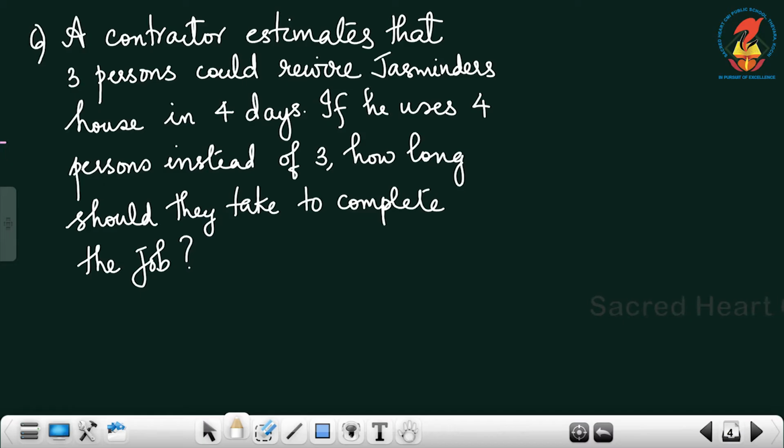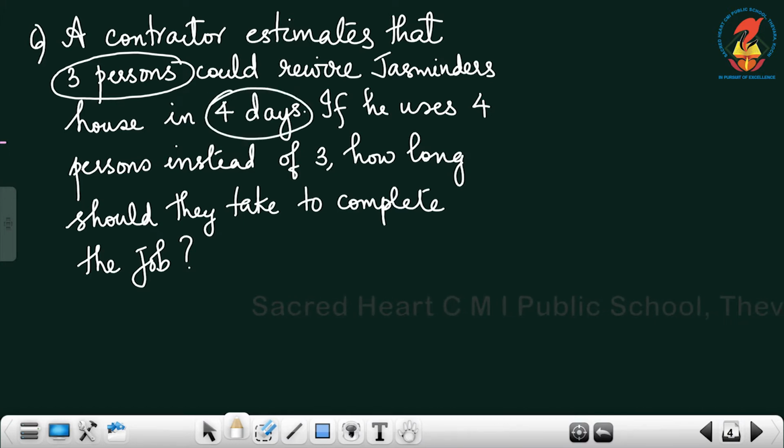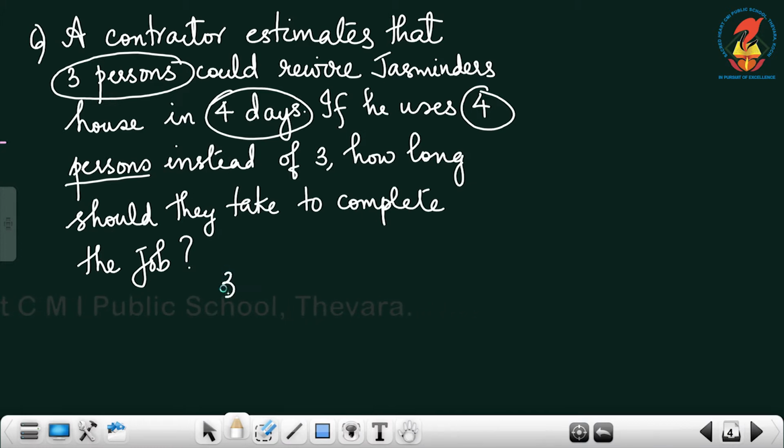A contractor estimates that 3 persons could rewire Jasminder's house in 4 days. If he uses 4 persons instead of 3, how long should they take to complete the job? 3 persons require 4 days.